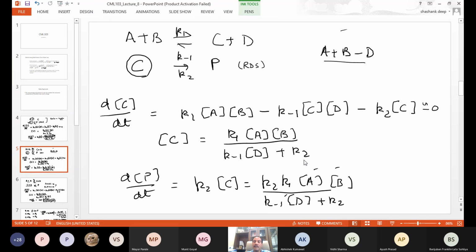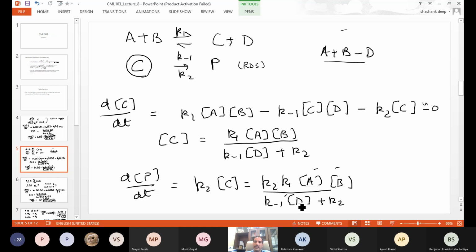So there are three things we are able to prove. One is the composition, and the second thing, which is also very important, is that if there is only one term, particularly the product term, which is not a reactant in the first step at least, in that case this product must have formed in the one step prior to the RDS step.